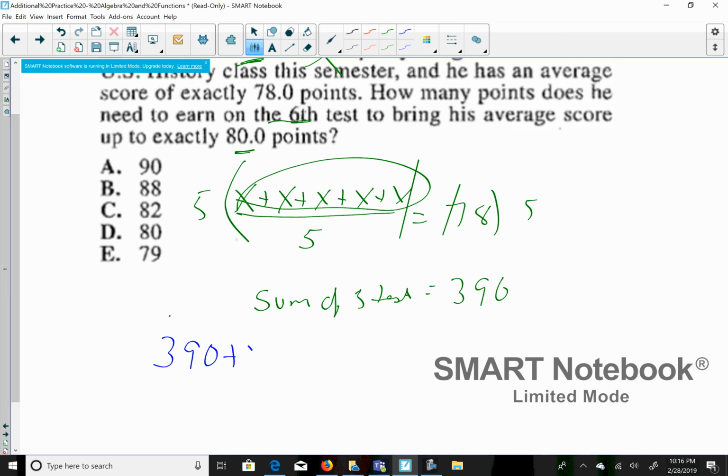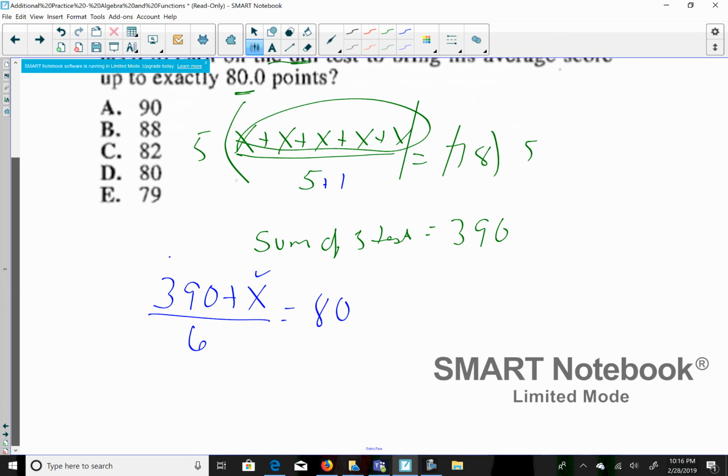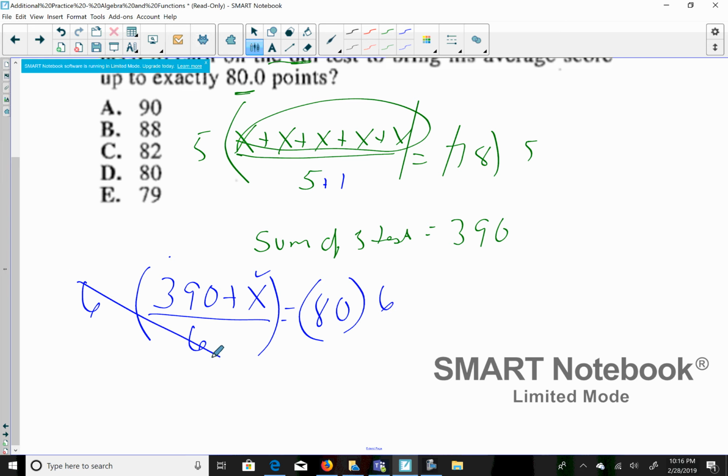He's taking another test, so now this is going to go up by 1 because he's taking an extra test. So now he's going to have 6 tests. And now he wants to raise his average to 80%. I need to know what he needs to score on this test in order for that to happen. I'm going to multiply both sides by 6 to get that 6 out of my denominator. These 6's will simplify.